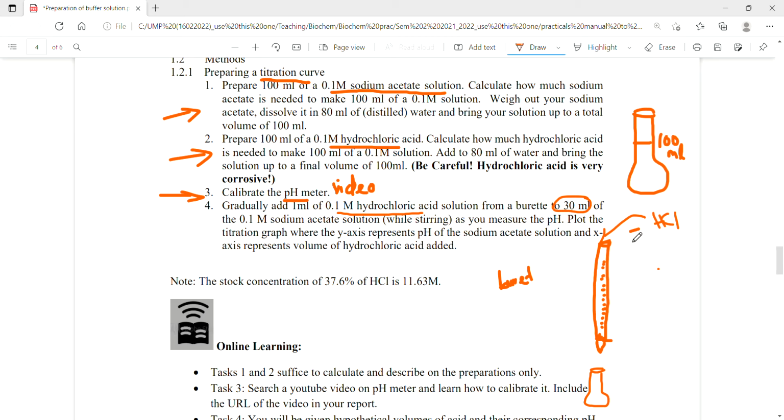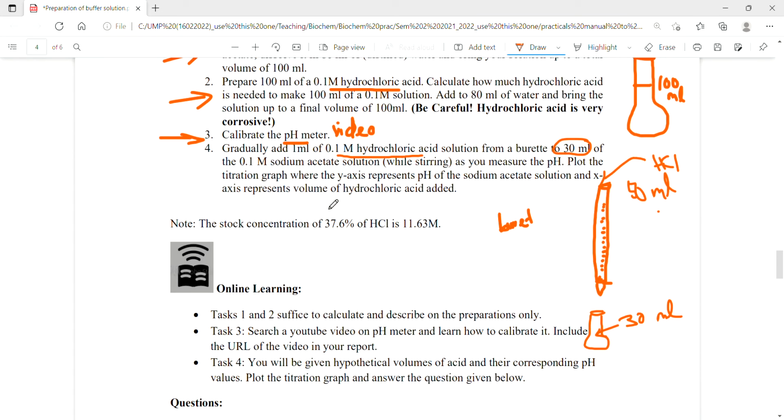So put 30 ml of hydrochloric acid as instructed, and then from the burette to, oh sorry, yeah, you ensure there is 50 ml of HCl here, and here is 30 ml of the sodium acetate solution.